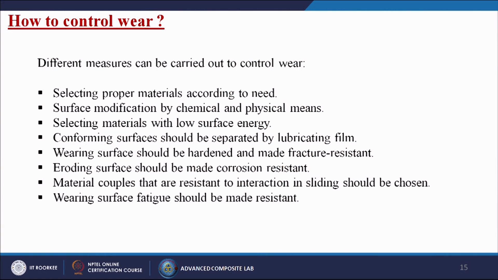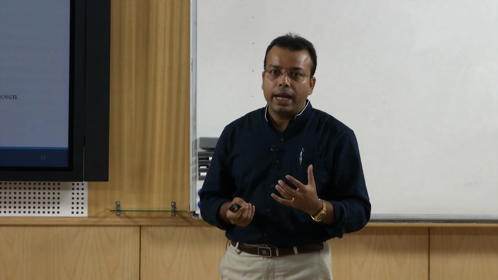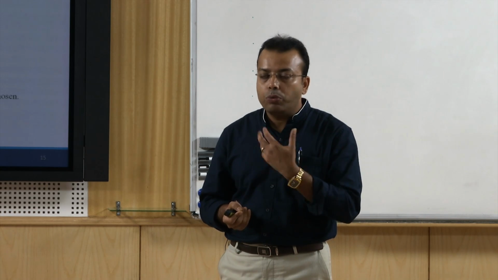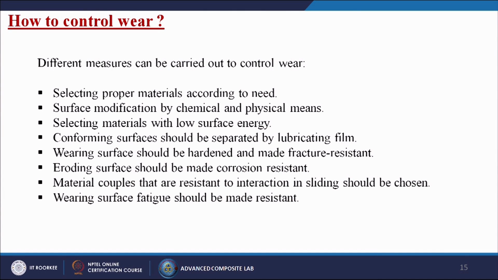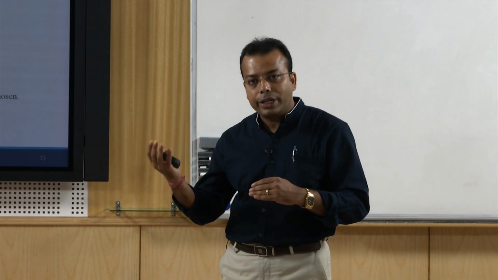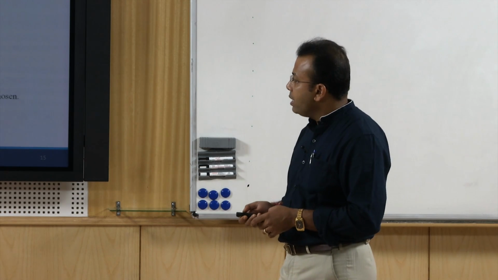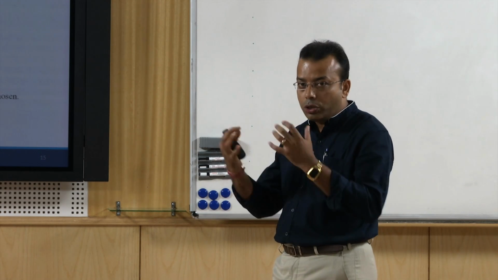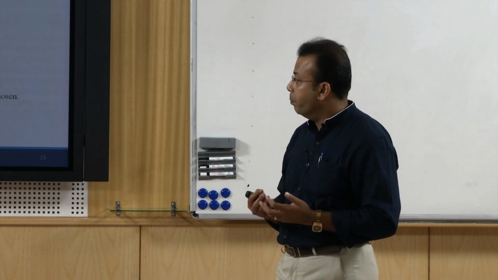First is selecting proper materials according to the need. Whatever material we choose should be chemically inert, so that it will not react with the environment or with any acids or bases. Surface modification by chemical and physical means, using any type of coating, so that it will not come into direct contact with the environment, moisture or water molecules. Select materials with low surface energy, so that they will not absorb any material which can be harmful to them.